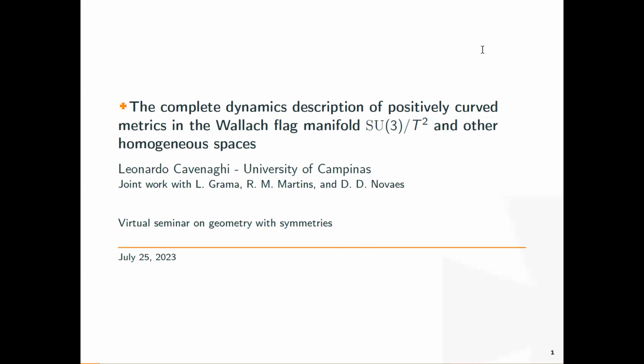And I must say this is work in collaboration with Lino Grama, who has been my supervisor since I became a postdoc at the University of Campinas, Ricardo Miranda Martins, also a professor at the University of Campinas, and Douglas Novaes, also a professor at the University of Campinas. These last two, Ricardo and Douglas, work with dynamical systems.